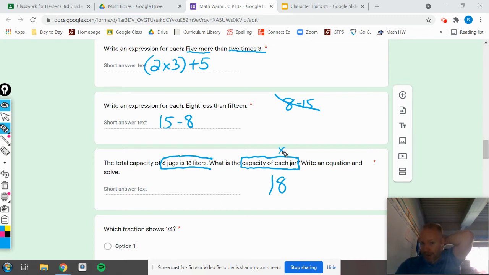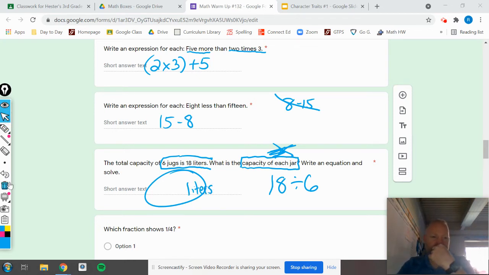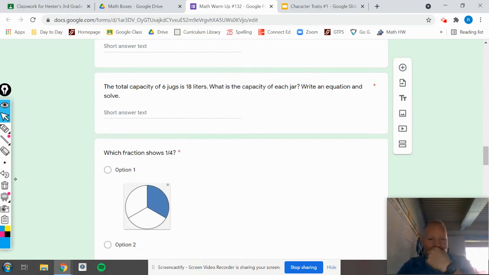Well, we're not going to multiply because that would give us a bigger number. We don't want a bigger number. We already have the total. Since we already have the total, we have to divide 18 divided by 6. Put your answer here in the box. But don't forget, it's liters. Once you finish with that, move on down.